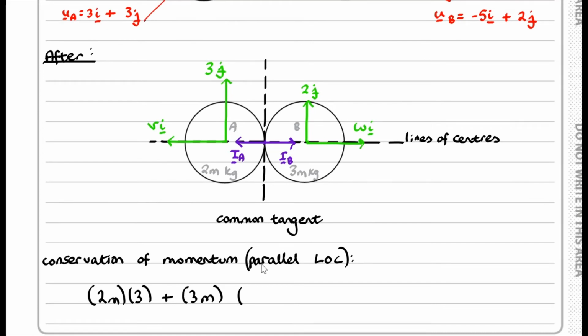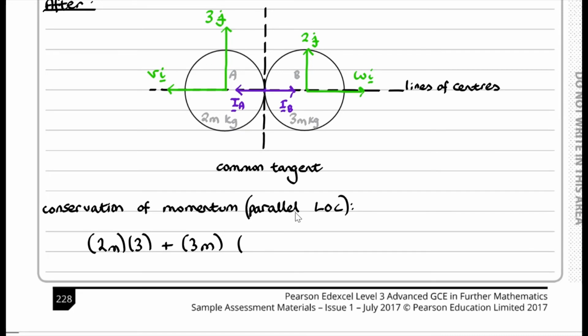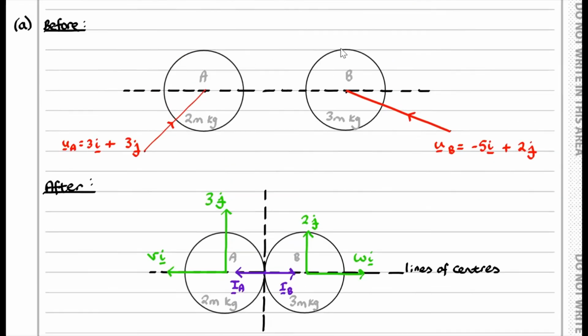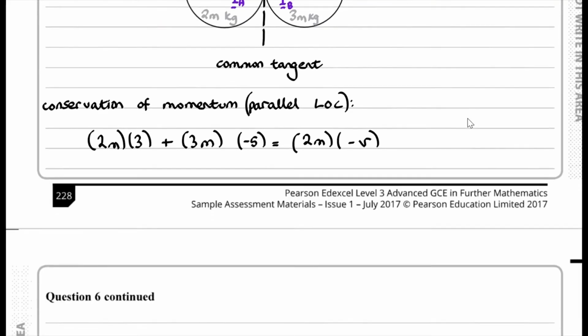Remember, because we're considering the conservation of momentum parallel to the line of centers, we only consider the I component, so we have minus 5, and this is equal to the bit afterwards, 2m multiplied by minus v. Obviously you can see why it's minus v, it's going in the opposite direction, and that's of course if we take right as positive.